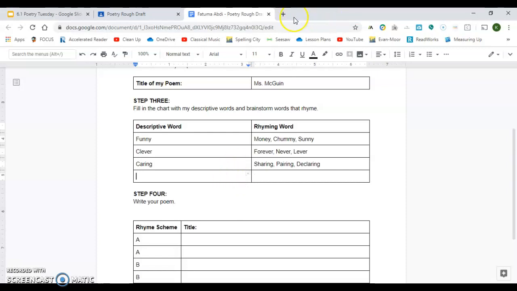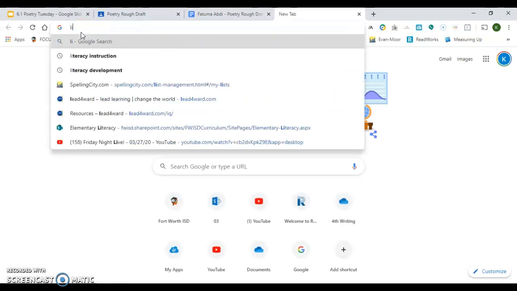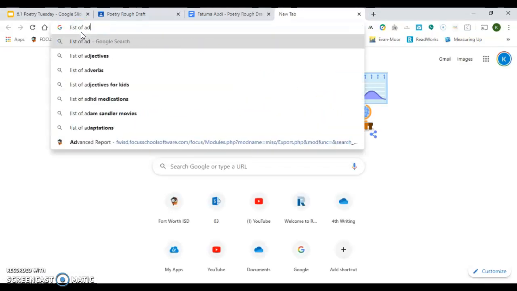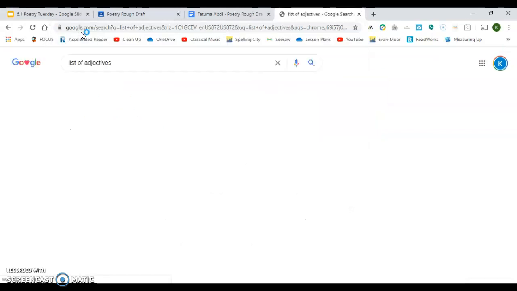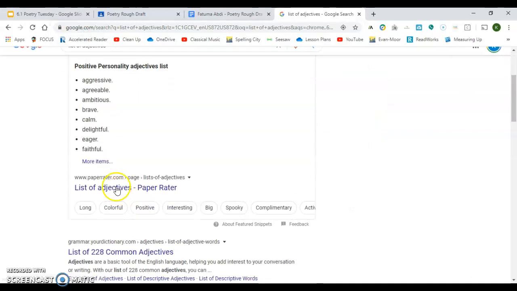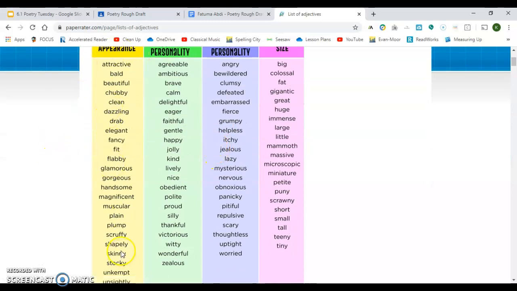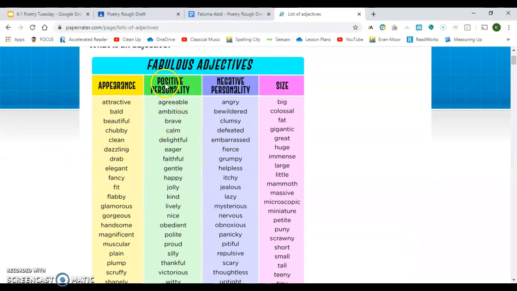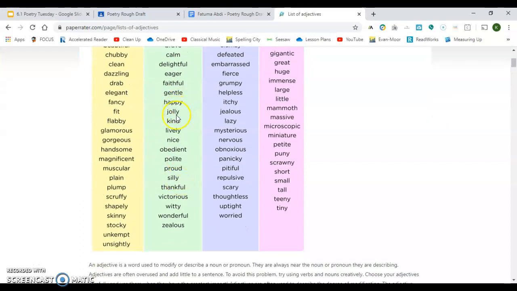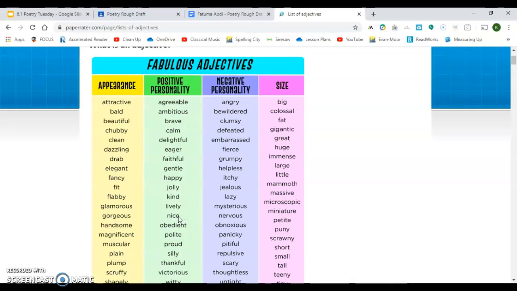I wonder if I could get a list of adjectives. Let me see. I'm going to go right here and put list of adjectives. Adjectives are words that describe people. And look, right here, I've got all these adjectives. Let's see, positive personality. Jolly, kind, lively, silly, witty, wonderful.